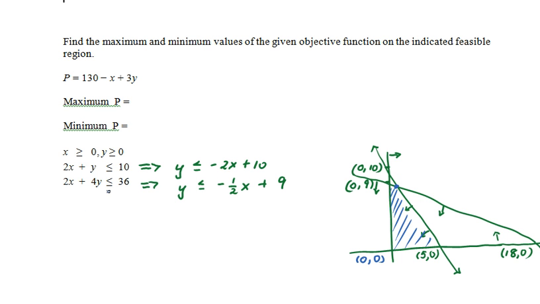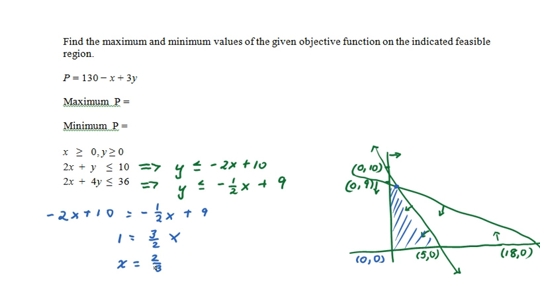But if I set the negative 2x plus 10 equal to the negative 1/2 x plus 9, I'll get 3/2 x equals 1, or x equals 2/3.